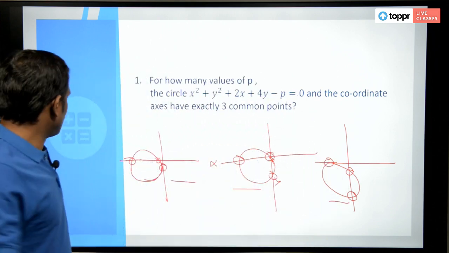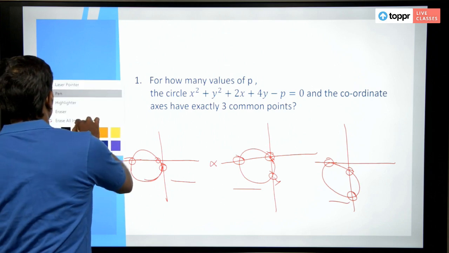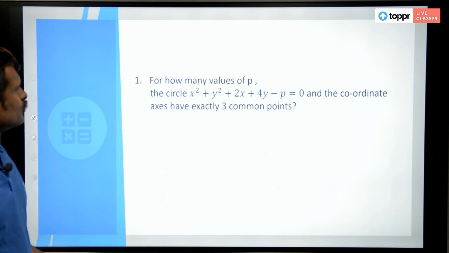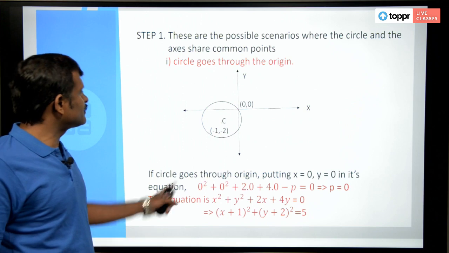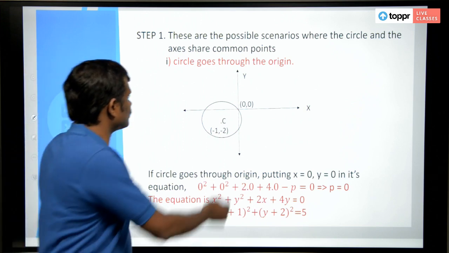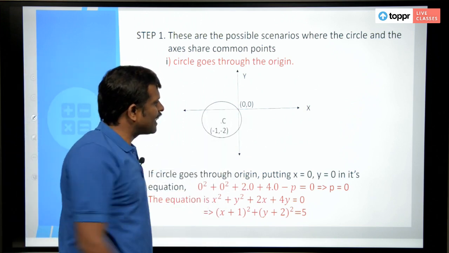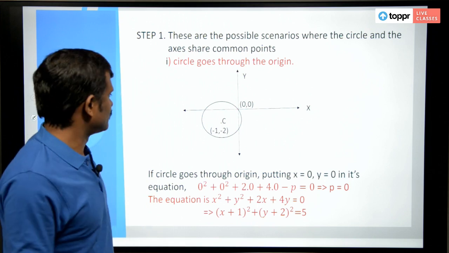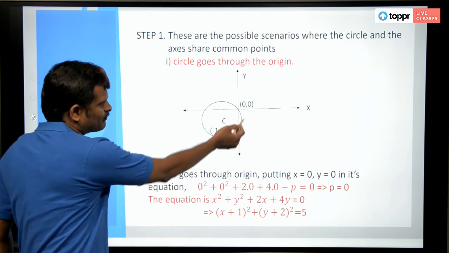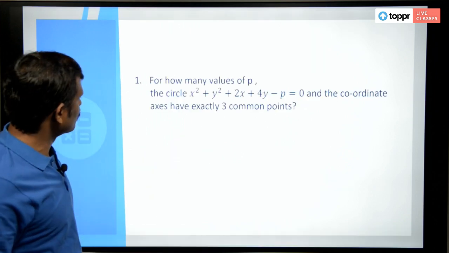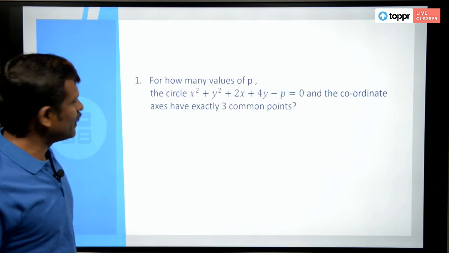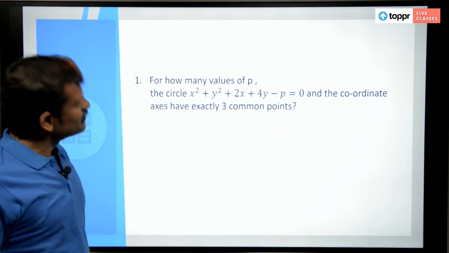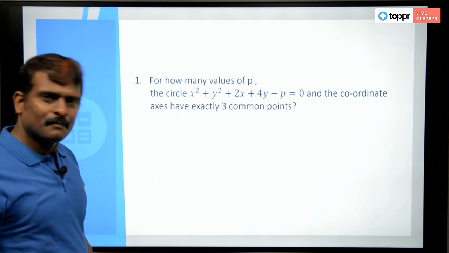Okay, guys. So, the first case is when, as we discussed, the circle is passing through the origin and cutting the y axis and also the x axis. What is the equation of the circle? The equation of the circle is x square plus y square plus 2x plus 4y minus p.